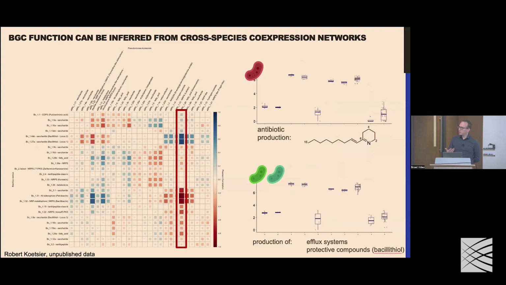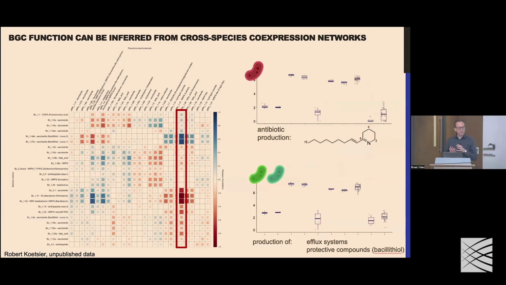So whenever the antibiotic is produced by Pseudomonas, Bacillus will start to produce these protective compounds, and at the same time, it also increases the expression of efflux pumps and other defense mechanisms. In this way, we're thinking that this can be a way to find antibiotics.